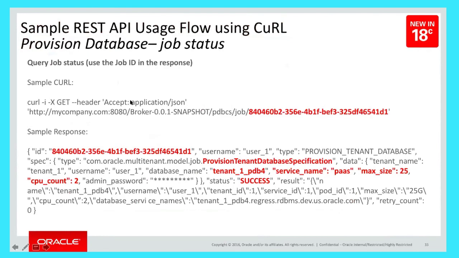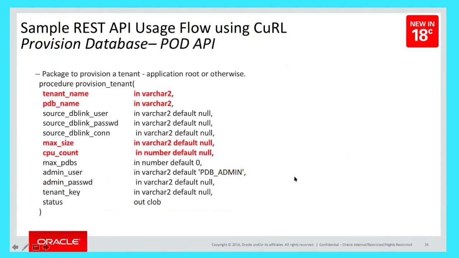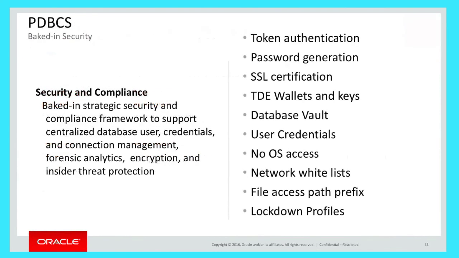We can query that job ID to get the status, in this case for this PDB with CPU count equals 2, max size, successfully provisioned. So, some of these structures in the provision tenant request, where we break down and store the request that is retrieved via JSON doc.